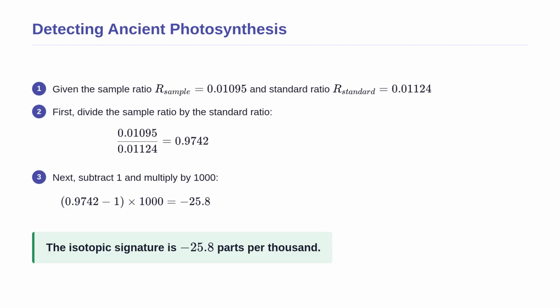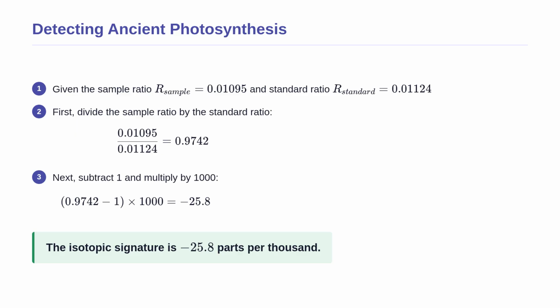Let us apply this formula to a real-world paleontological discovery. Imagine you have extracted organic carbon from a 3.5 billion-year-old rock in Australia. The laboratory tells you the carbon isotope ratio in your sample is 0.01095, and the standard reference ratio is 0.01124.